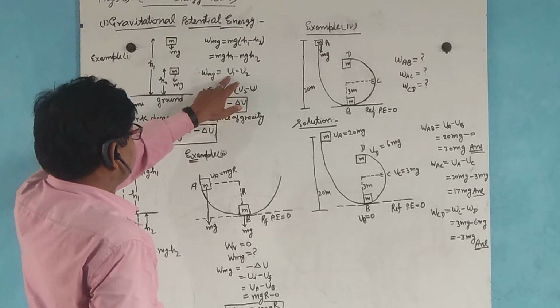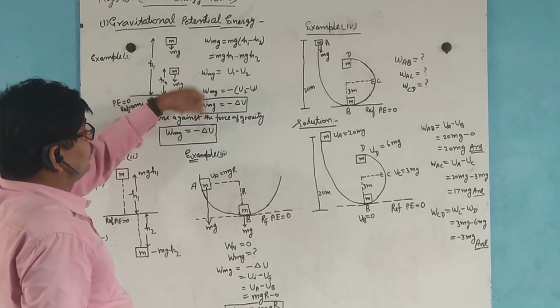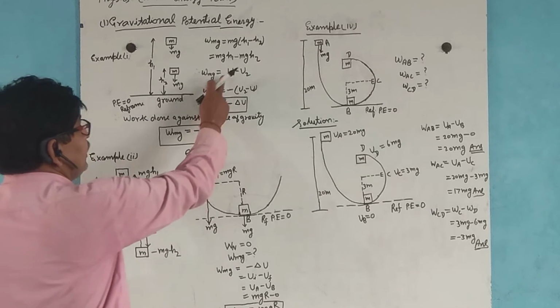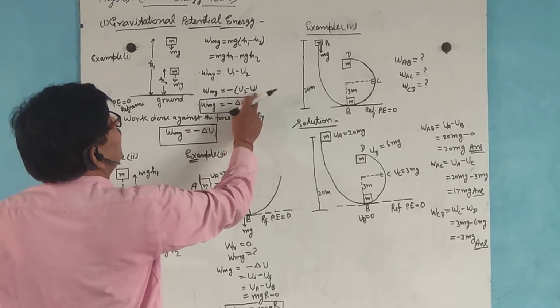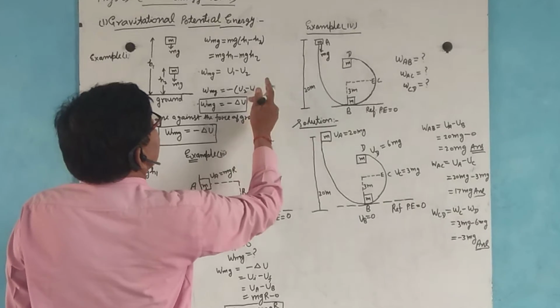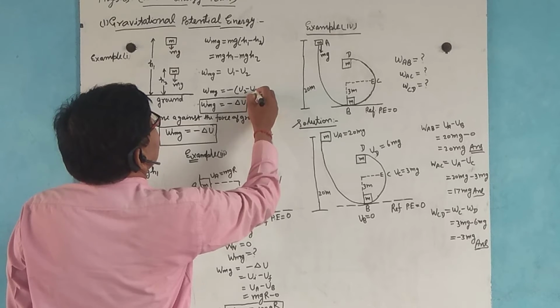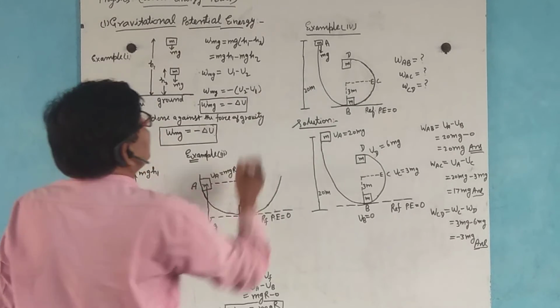So the work done can be found by subtracting the potential energy at this position from the potential energy at this position, so this can be written as W_mg equals minus (U2 minus U1).